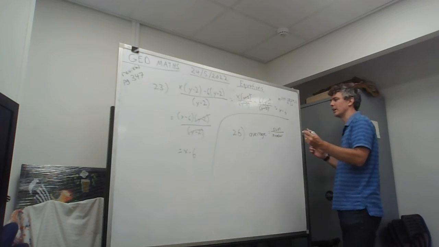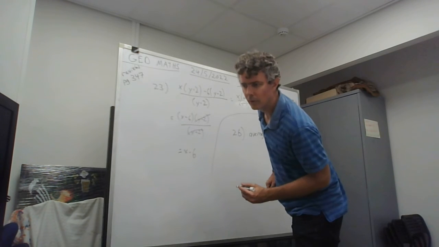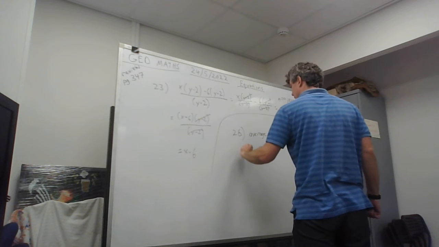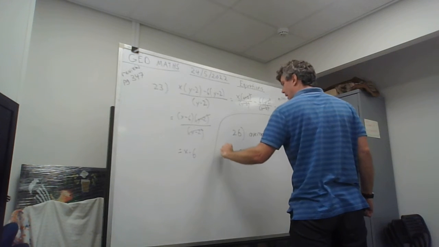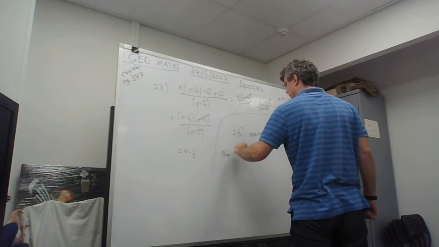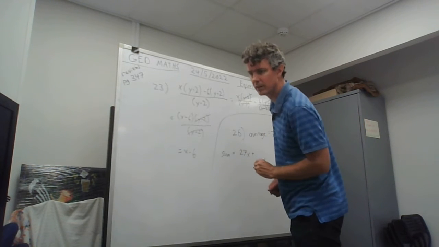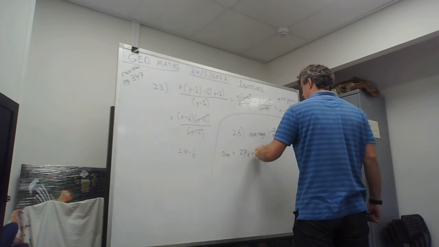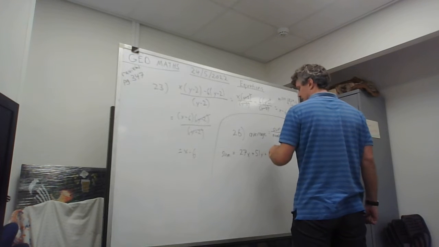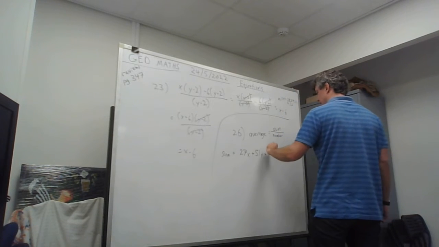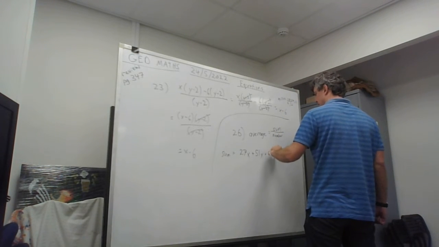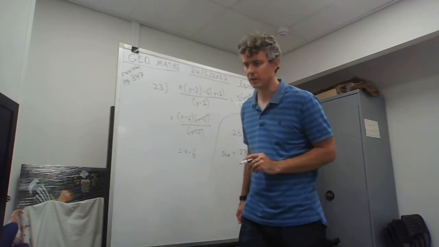Okay? So here we have 27x. So the sum is going to be 27x plus 51y plus 60z.